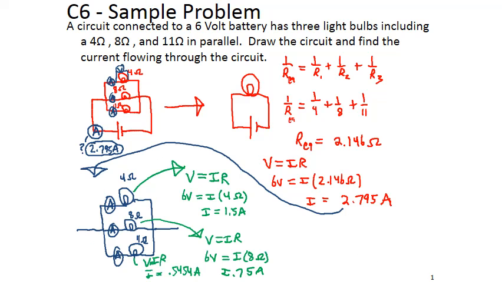For the middle one, we'll have 0.75 amps, and the bottom one, 0.5454 repeating amps. And that's because, as it comes into here, you have 2.795 amps, but then the current is split up, and then afterwards, it all comes back together to be 2.795 again. And so in parallel, again, the current splits up and is received on the other side as the same.